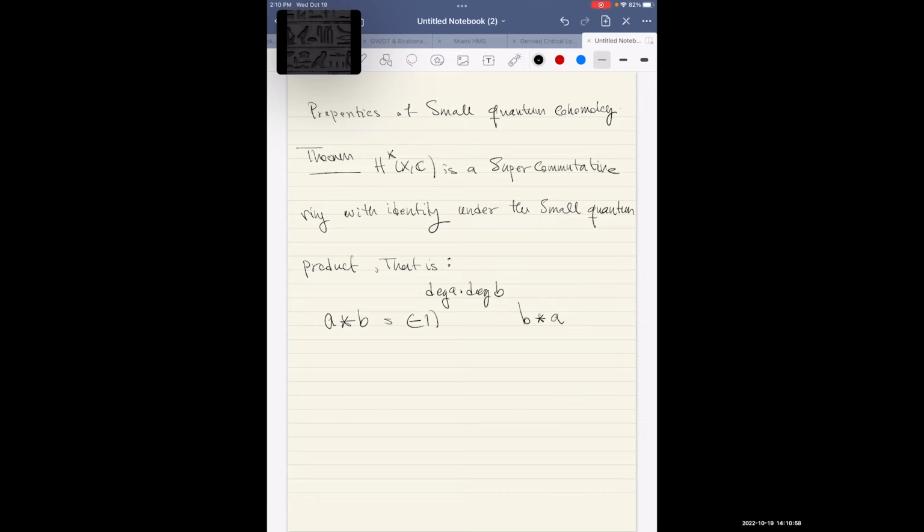A times B is minus B times A, or the way it's actually written, -1 to the degree of A times degree of B gets modified by that sign, B star A. Okay? So, all right, how do we see this? This follows by a covariance axiom.